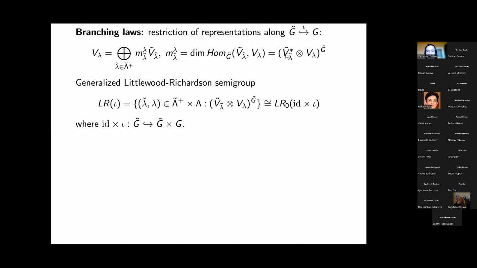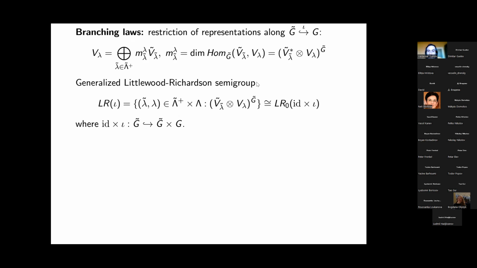So the tensor product is a module over the product group, G tilde times G, which contains the G tilde diagonally embedded here with the identity and here with the given iota. And this is how G tilde acts on such tensor product. And we can ask for invariance. And there is a dimension here, because we care about the multiplicity as a number, how many times this occurs.